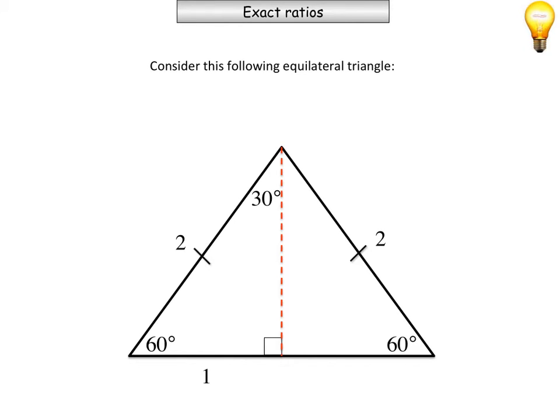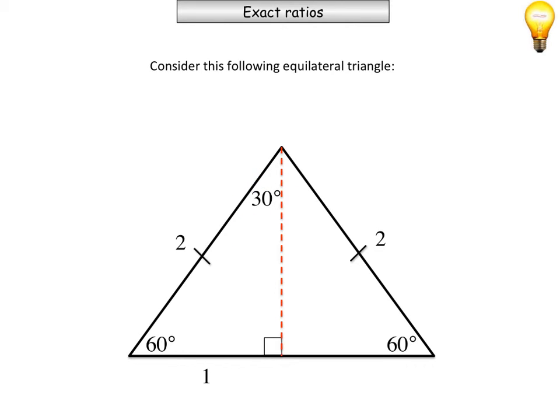I'm going to bisect the angle at the top, which means to cut in half. I'm going to have a perpendicular bisector as well, so I've got a right angle down the bottom, and the 60 degree angle at the top has been bisected, so now this is half of 60. Here's 30 degrees.